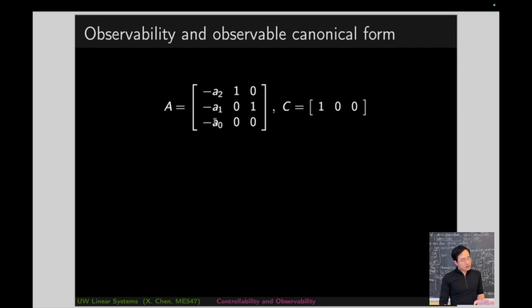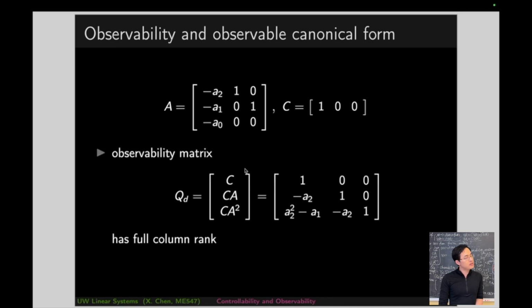If we construct the observability matrix, we have C as the first row, so it's 1, 0, 0. And CA, C times A, is going to be the first row of A, so it's negative a2 and 1 and 0. And then CA squared, you compute, it gives you this.